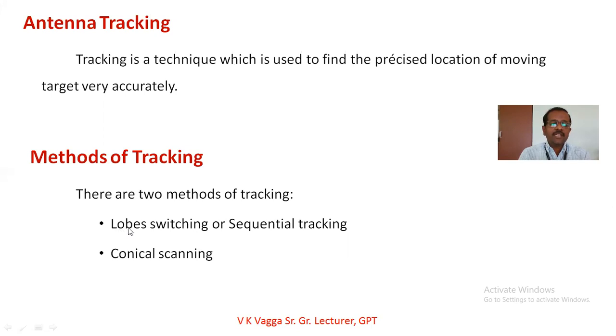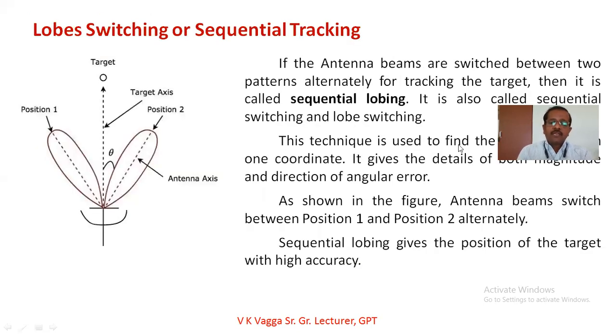Okay. And if you take the methods of tracking, they are classified into two main types. One is lobe switching, which is also called sequential tracking, and the other one is conical scanning, which is named scanning but actually does the operation of tracking.